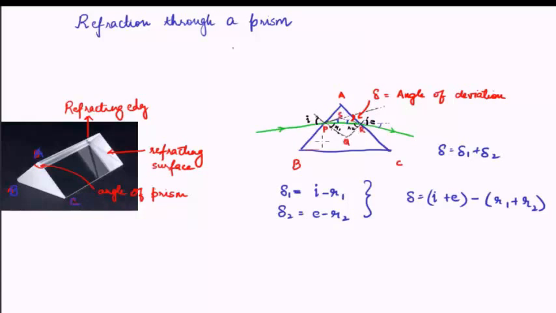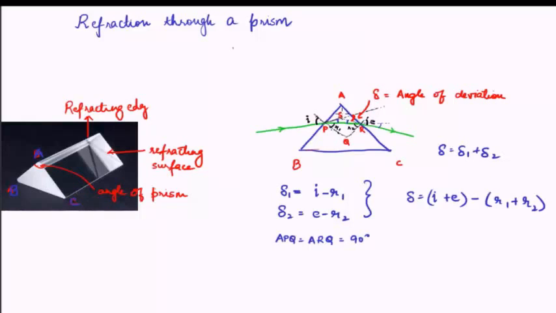Let's do that. Let us consider the quadrilateral APQR. In this, we know that this is the normal, so the angle APQ is 90 degrees and ARQ is also 90 degrees. Let me write it down: APQ is equal to ARQ is equal to 90 degrees.